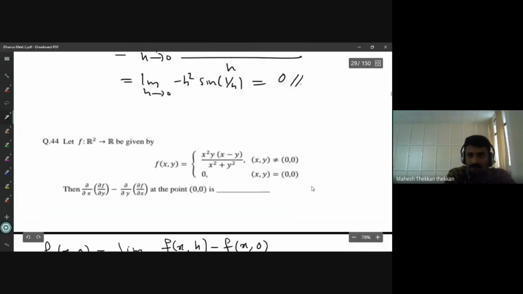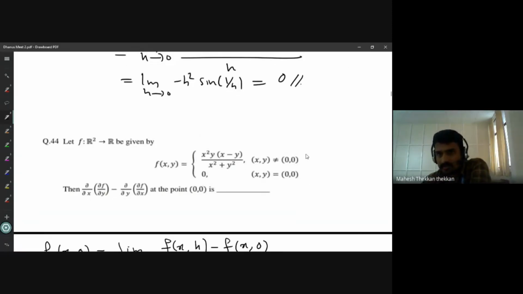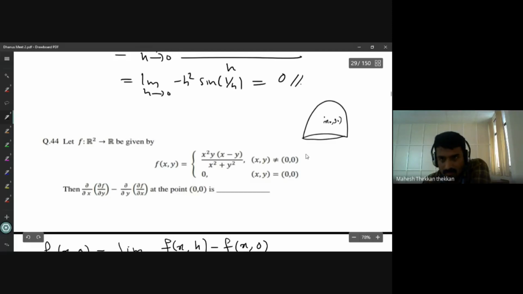Okay, let us look at here. Just a minute. Suppose you have some object, some surface like this, and you want to look at the partial derivative at this point, fx at x naught y naught.